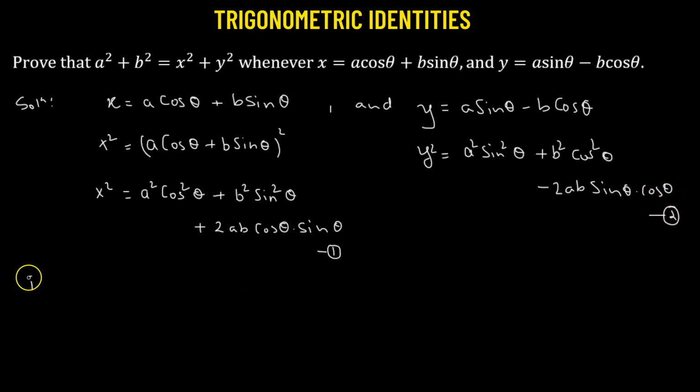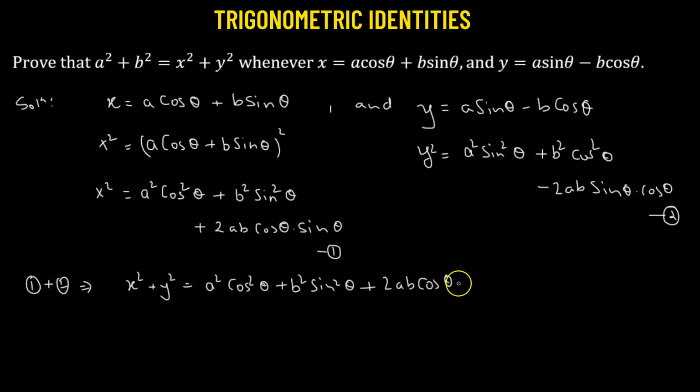Now we're going to add equation number 1 with equation number 2. That's going to give us x squared plus y squared equals a squared cosine squared theta plus b squared sine squared theta plus 2ab times cosine theta times sine theta. This is the value of x squared.